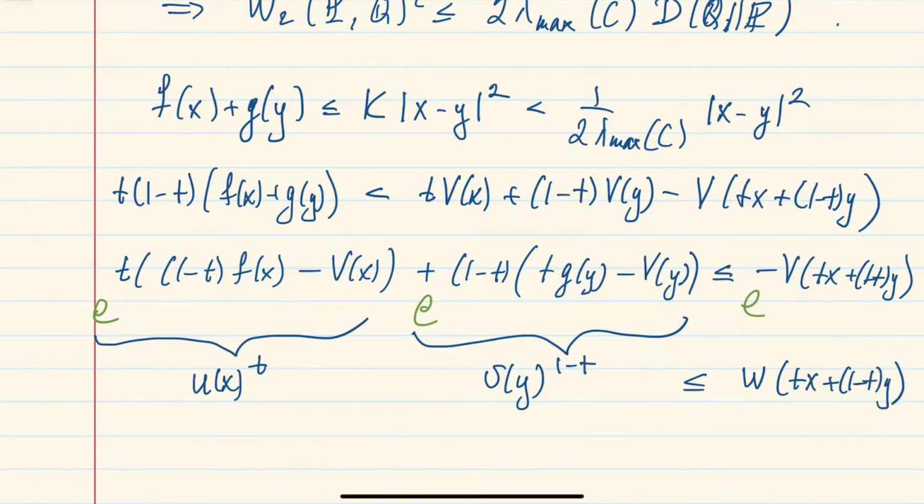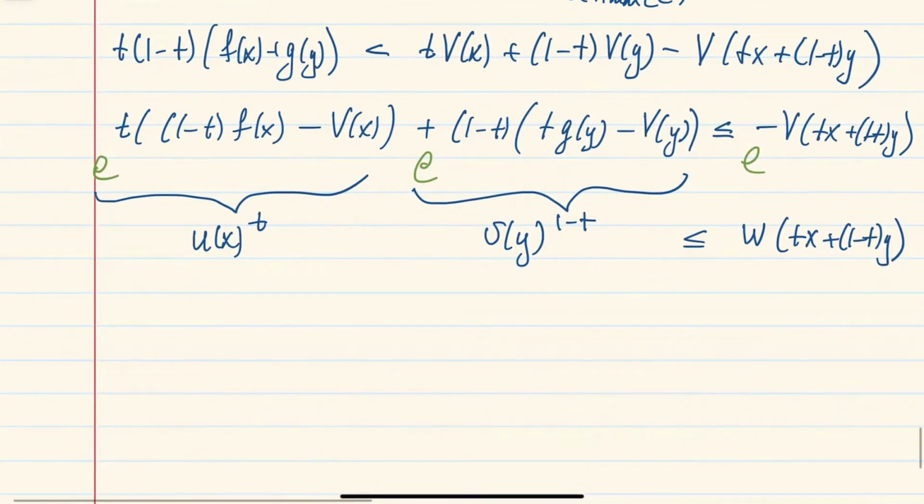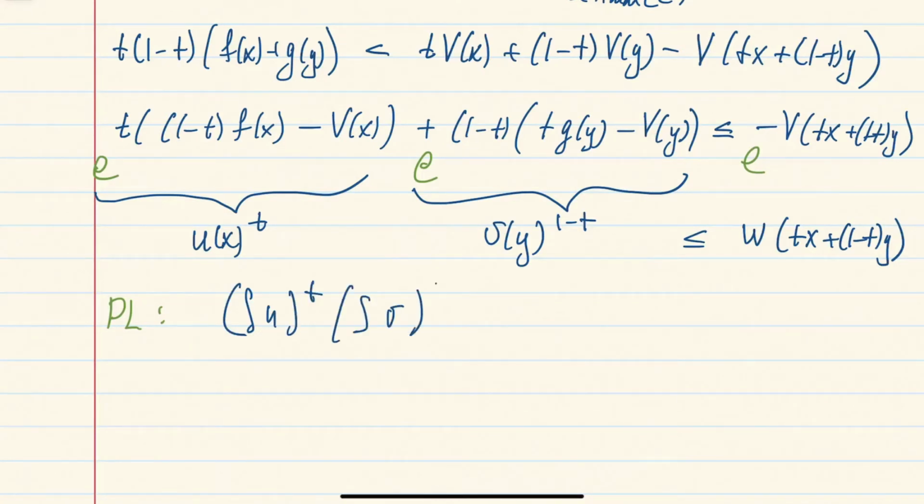So we get exactly the condition between three functions u, v, and w in the Prekopa-Landler inequality. Okay, and so Prekopa-Landler inequality implies that the integral of u to the power t, right, times integral of v to the power 1 minus t is bounded by integral of w, where integral here is everywhere with respect to the Lebesgue measure dx on Rn.